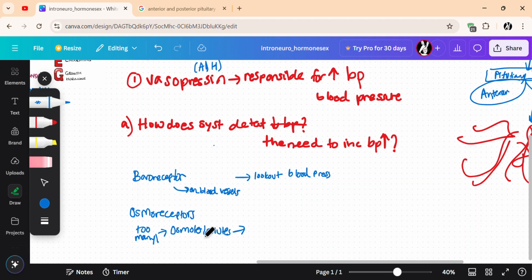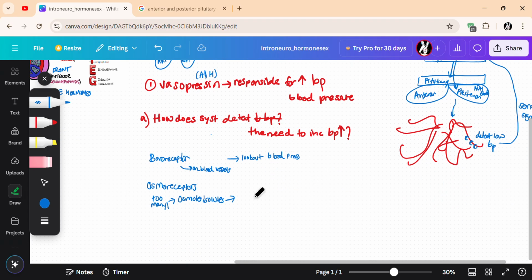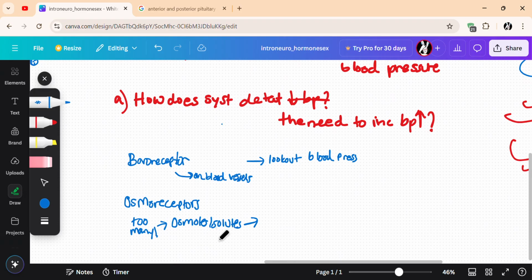Holding water in our system will actually increase the blood pressure, because then our blood vessels have more volume. So if the volume goes up, the pressure should also naturally go up, right? So yeah, back to the osmoreceptors.